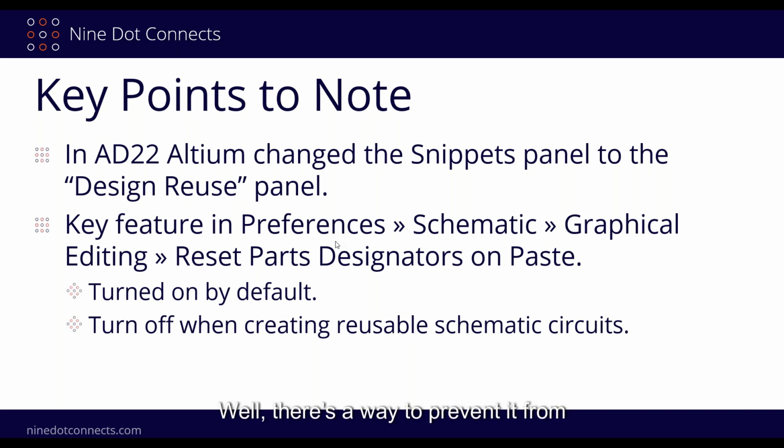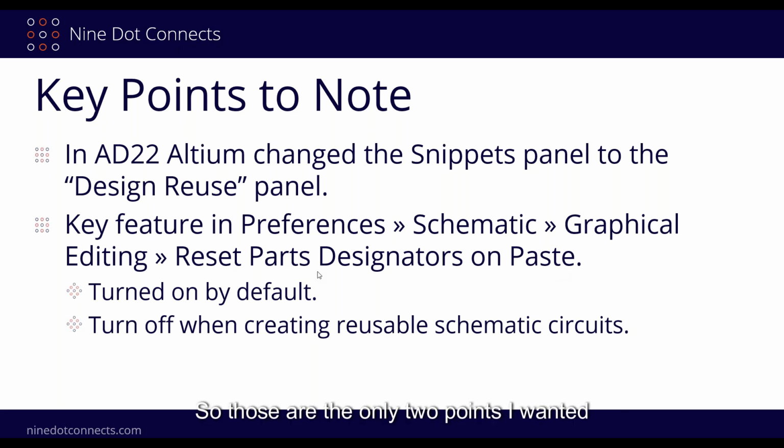Well, there's a way to prevent it from resetting those designators, and I will show you this once we get into Altium, but it's under the preferences, the schematic page, the graphical editing subpage, and about 3/4 down, you'll see a switch that says reset part designators on paste. Basically, by default, this is turned on. And so you want to turn this off, especially if you're going to do the kind of work that we're going to show you here today.